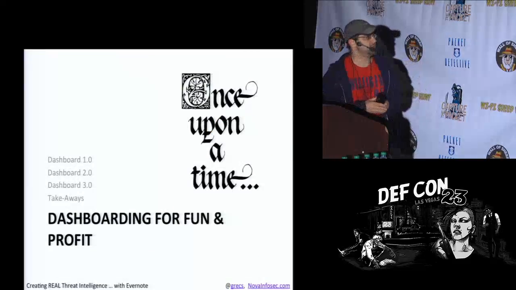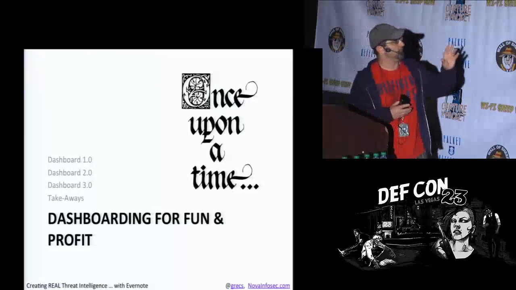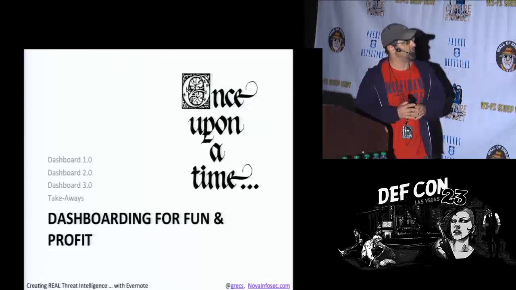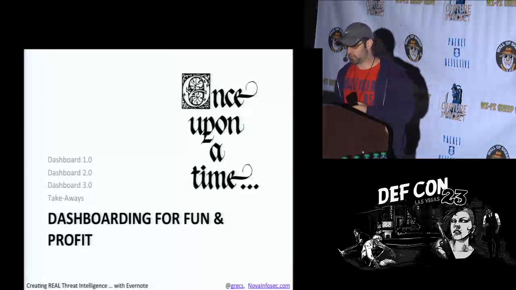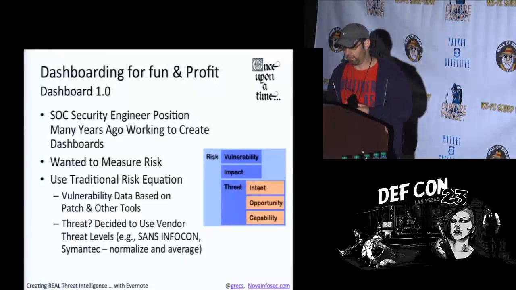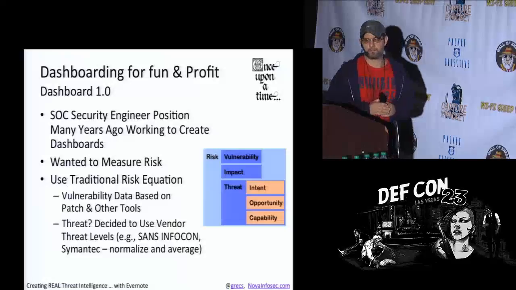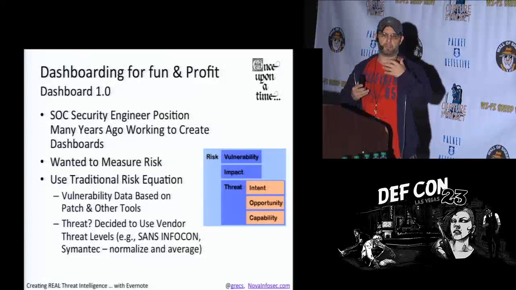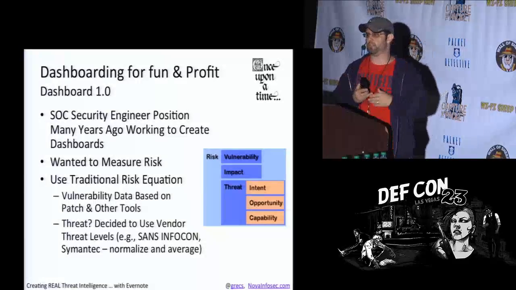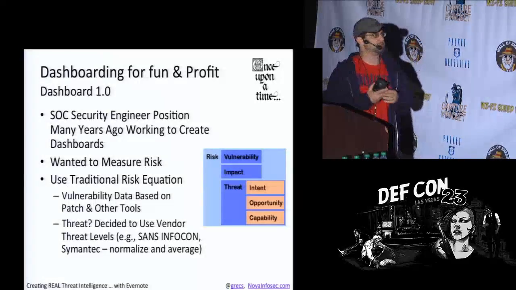All right, so I'm just going to quickly, this is a little boring, but how this whole thing started was way back in the day, I was assigned this task where I was going to do dashboarding. This was for a SOC, and they essentially wanted this dashboard so that management could go to it and get a view, and they could see graphs and see what their risk is.